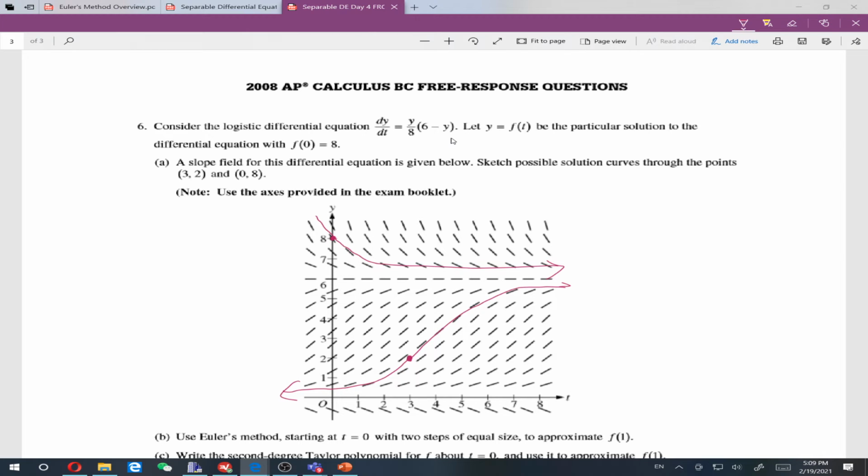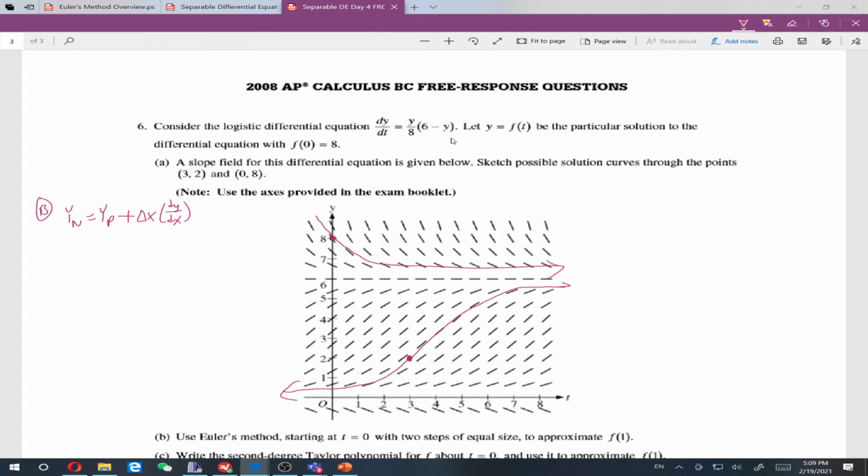So first, what's our general form for Euler's method again? y new equals y previous plus delta x times dy over dx. All right, awesome. So for this one, starting at t equals 0, we want to estimate f of 1 with 2 equal steps. So what should our first step look like?